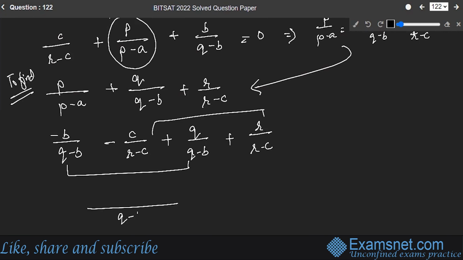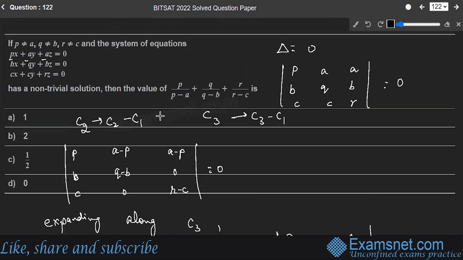You will have Q minus B upon Q minus B plus R minus C upon R minus C. This gives me 2. So this is the answer to the question, and option B stands to be the right answer.